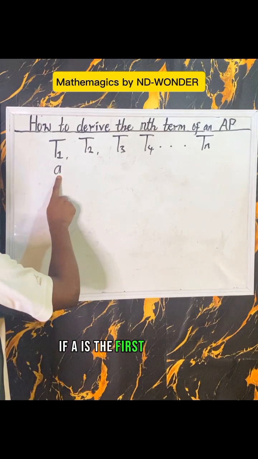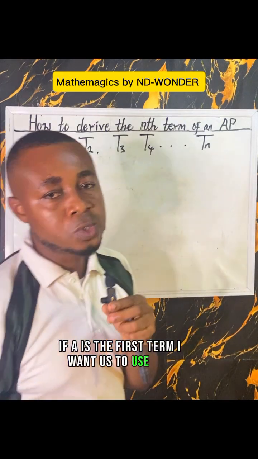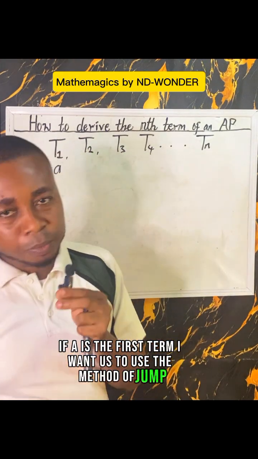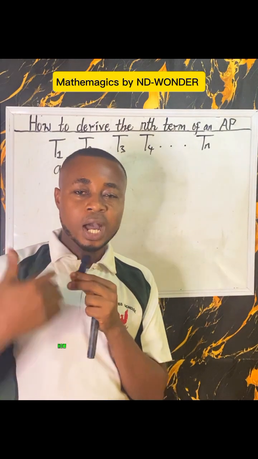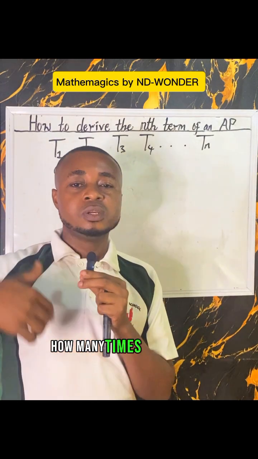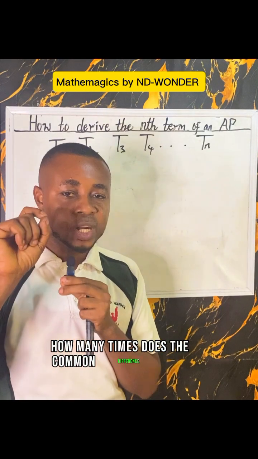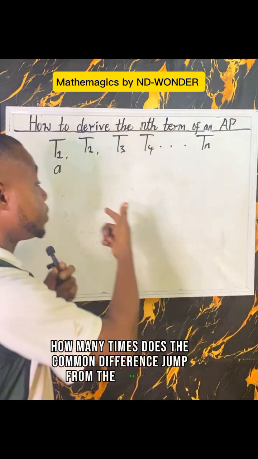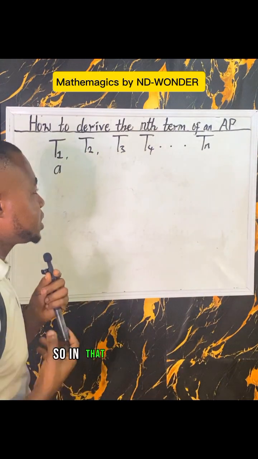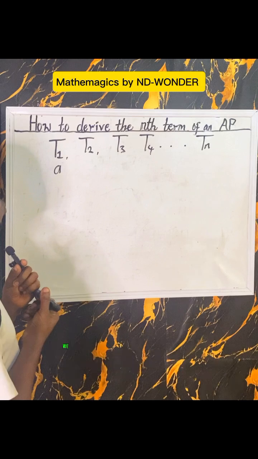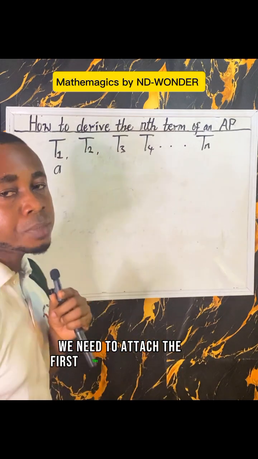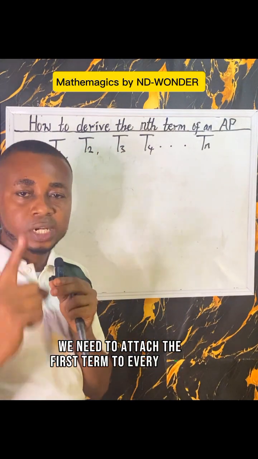If A is the first term, I want us to use the method of jump. How many times does the common difference jump from the first term? So to start with, we need to attach the first term to every term.